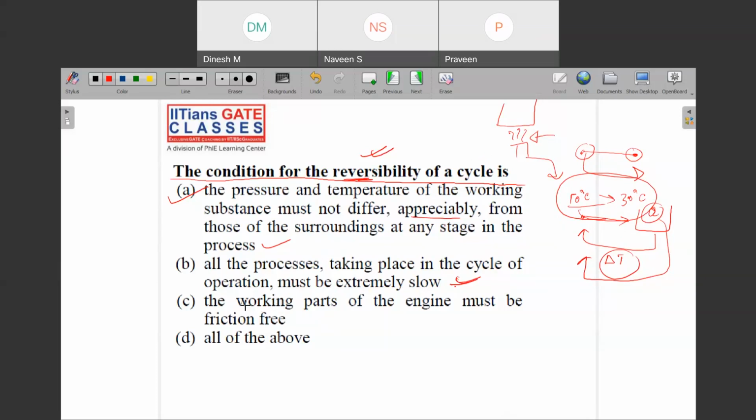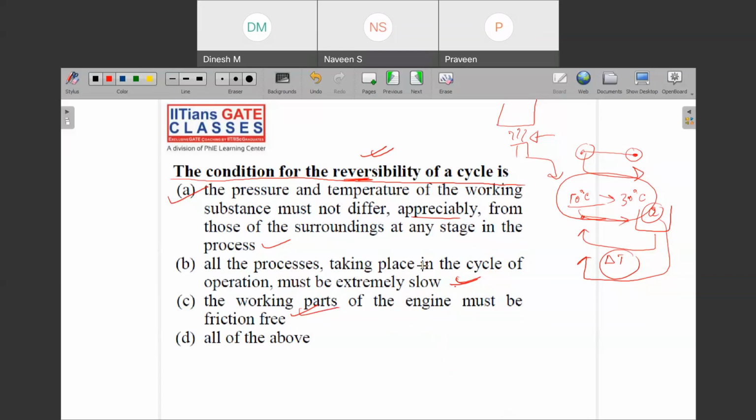Then the third one is that the working parts of the engine must be friction free. If the parts are not friction free, then you are losing certain energy to friction, and it is not possible that your system will get back to the initial condition again.